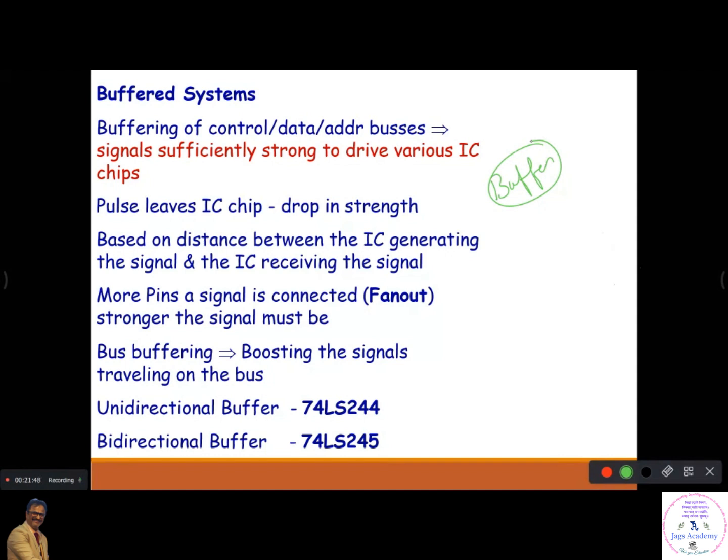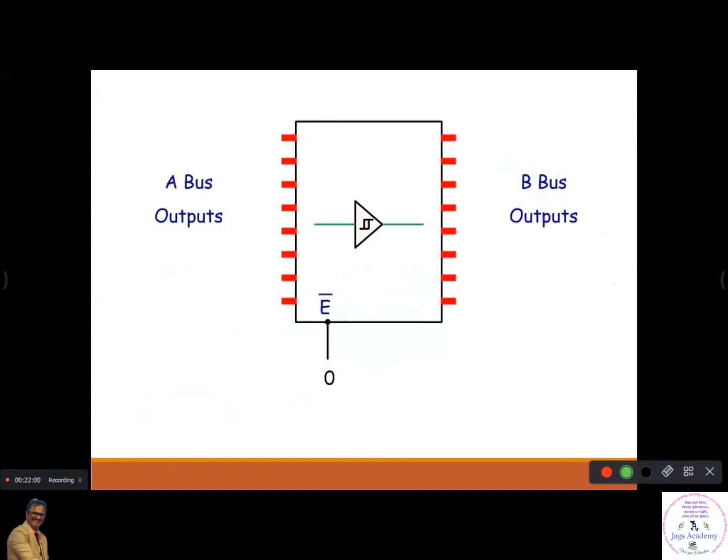It will allow input from one side to the other side, and also from the other side to the input side. That's what is called a buffer. A buffer is a digital device which will allow the input to go from A to B and from B to A. Understood this? So whenever you enable this particular pin by giving 0 here, the buffer works.